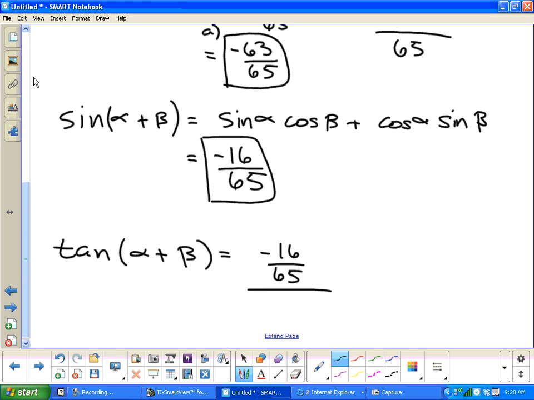And the cosine was negative 63 over 65. Right, so when I multiply by the reciprocal, the 65s are just going to cancel out. The negative would just give me a positive, so all I'm left with is 16 over 63.